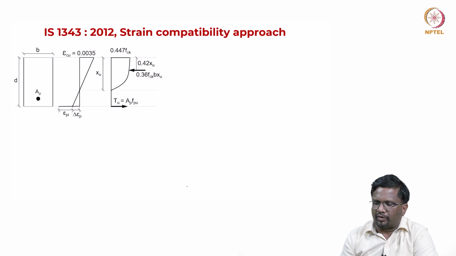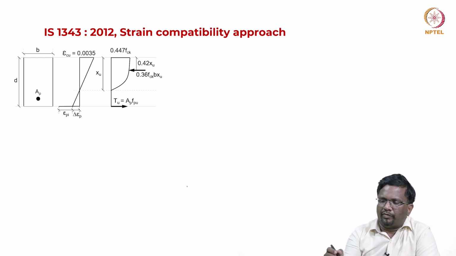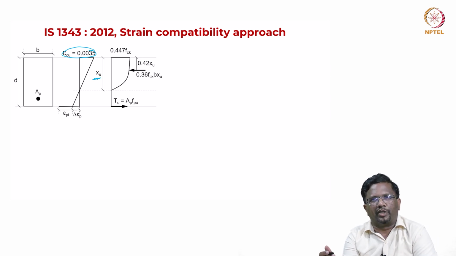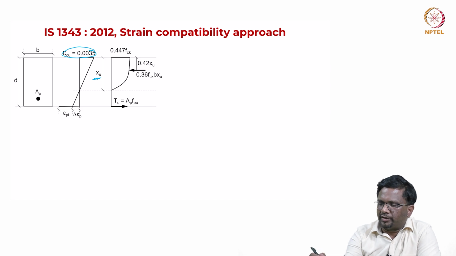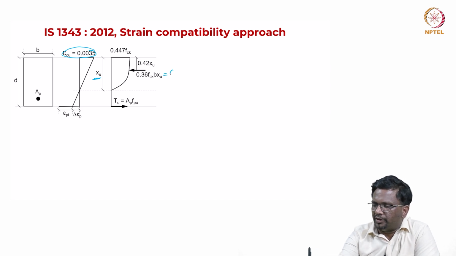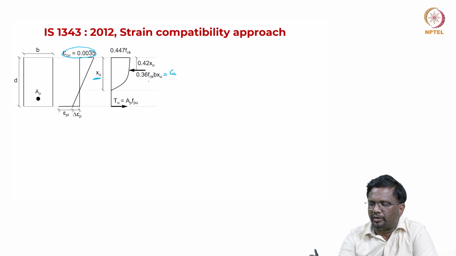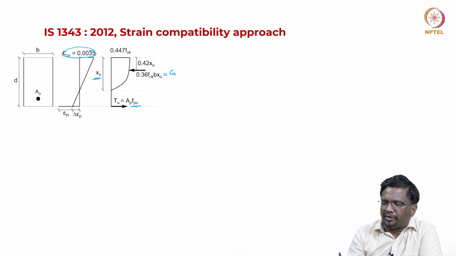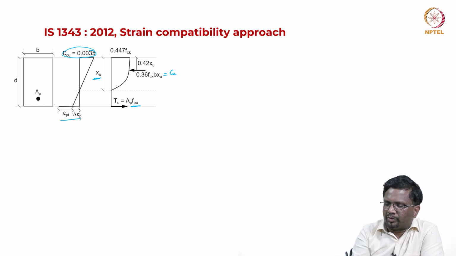Now, let us look at this particular section. Again, we have taken the strain condition as 0.0035, and we do not know Xu. So, we are going to assume some value, and at ultimate condition the concrete compression force is going to be 0.36 FCK B into Xu, but we do not know Fpu. That is a function of the strain in the pre-stressing steel, and the total epsilon P I can get only from here.